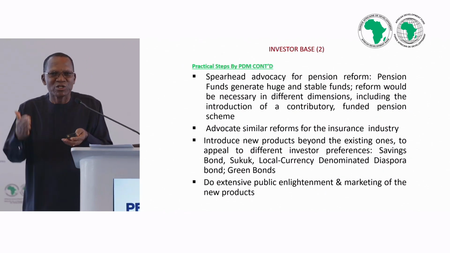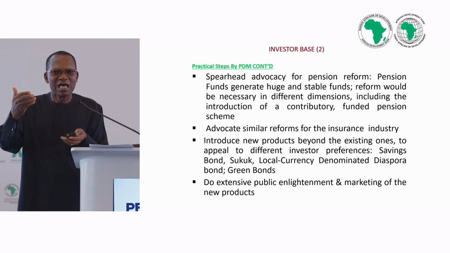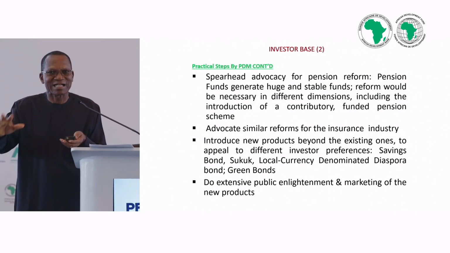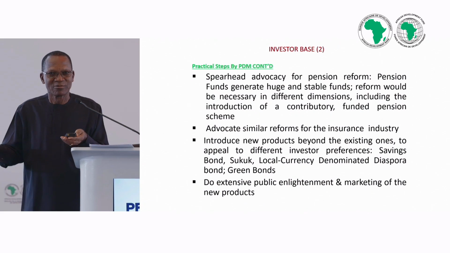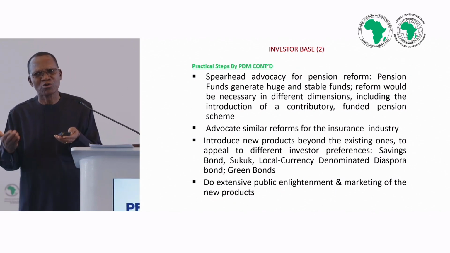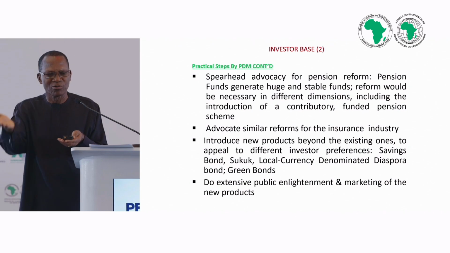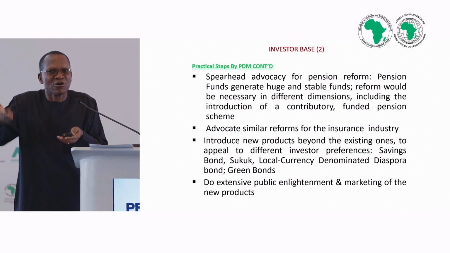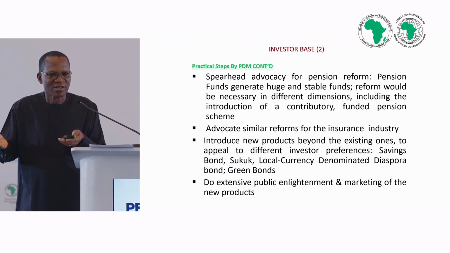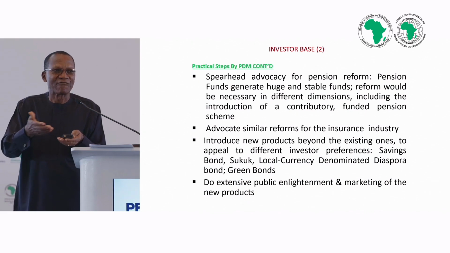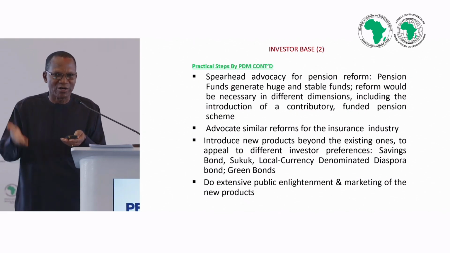So that's why beyond the conventional sovereign bond, the standard, plain one which is assumed is what we are talking about, you have to introduce new ones that appeal to different classes. For example, most of the sovereign bonds we issue are in big denominations, a minimum of 5 million, for example, of your currency.